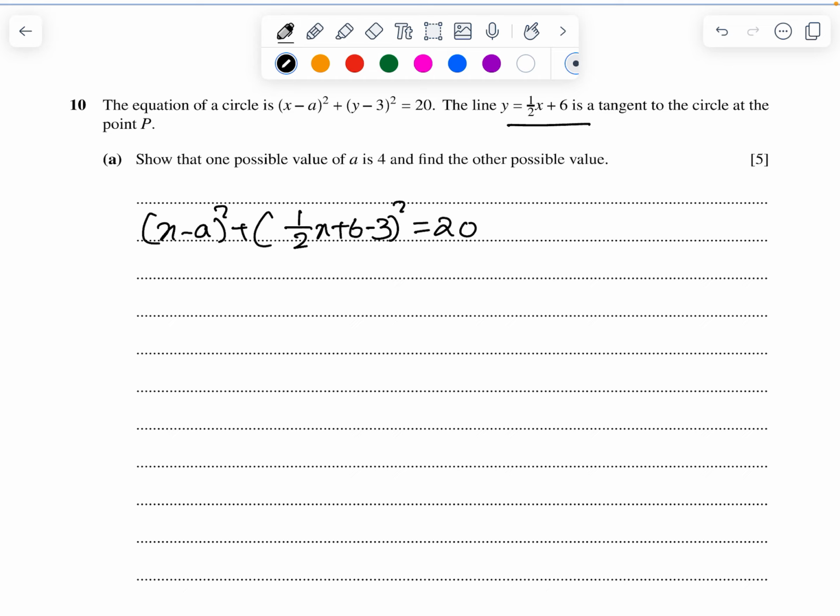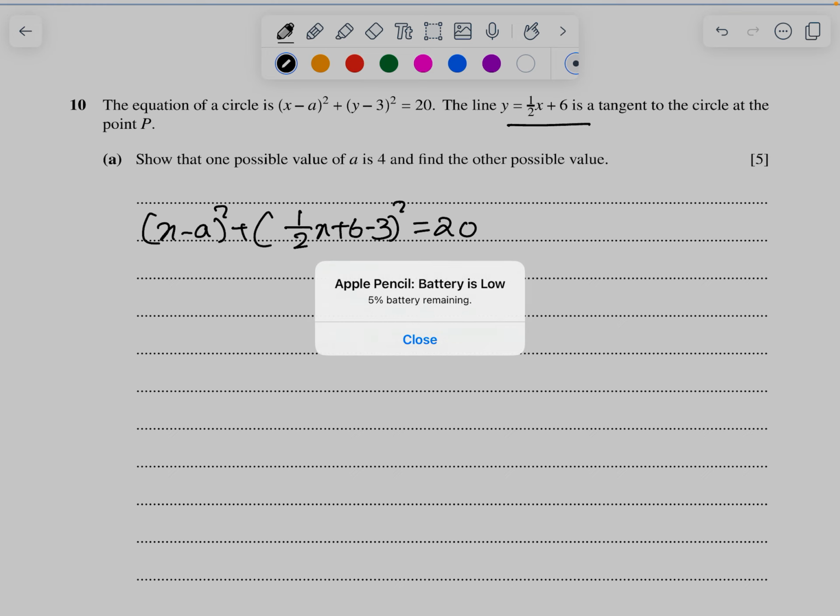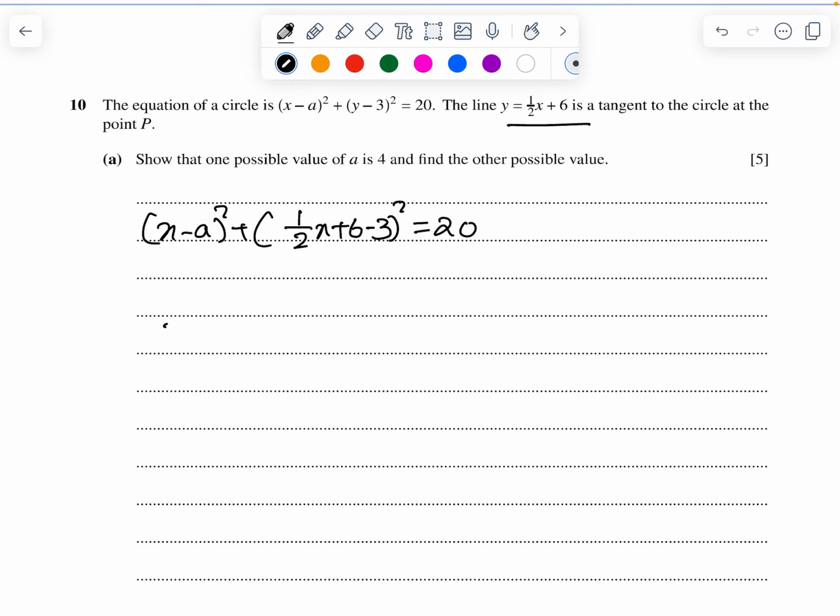So what do I get from there? x minus a whole square plus half x plus 3 whole square equals 20.